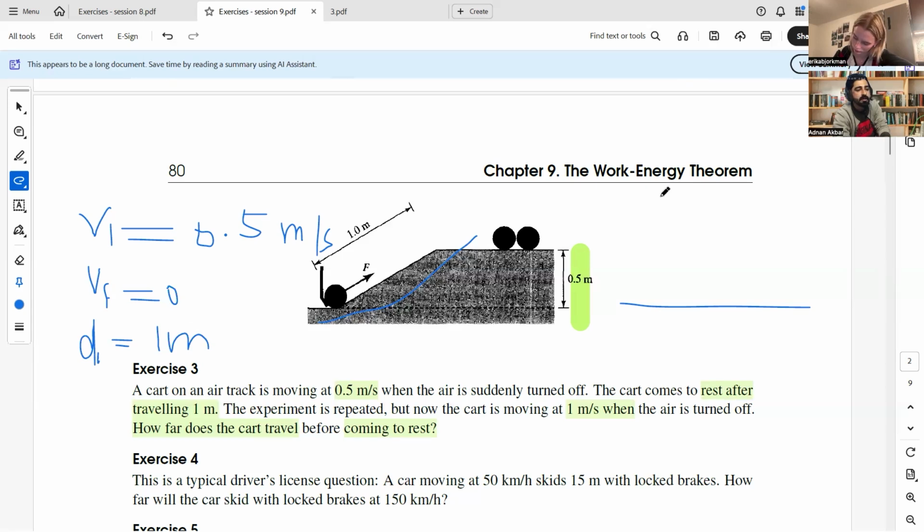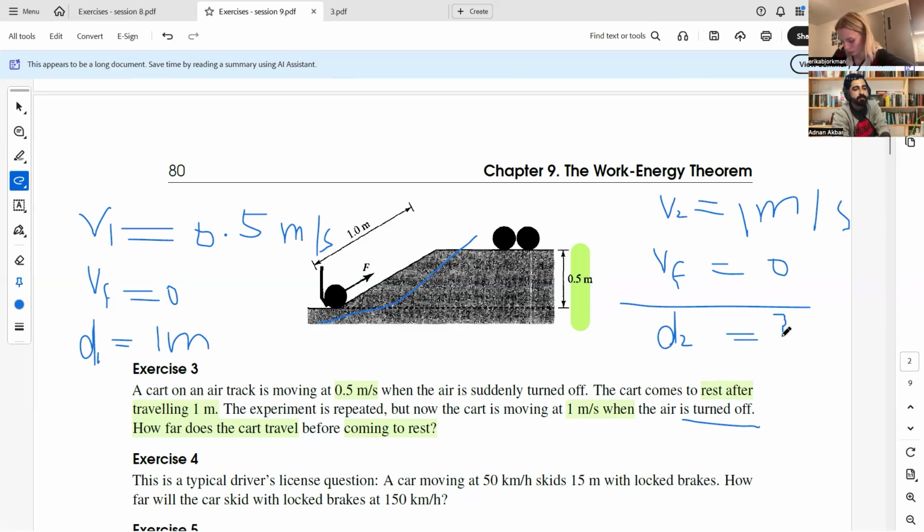Now for the second case, initial velocity, as it is the second case, I am writing v2 is equal to 1 meter per second, and the air is turned off, so final velocity is again equal to 0. And what you need to calculate here? d2 you need to calculate here. The covered distance in this case we have to calculate.